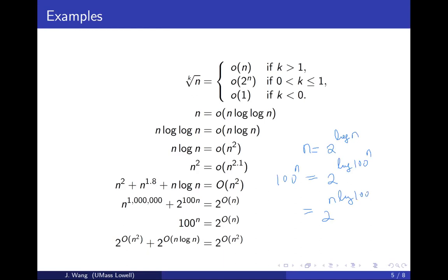But log 100 is a constant, so this is big O of n. Right? So that's what we have here.